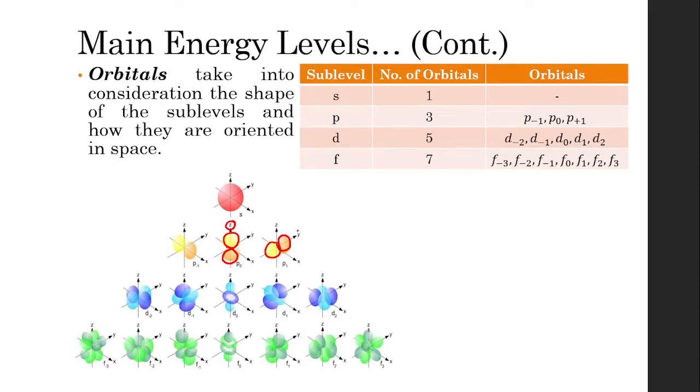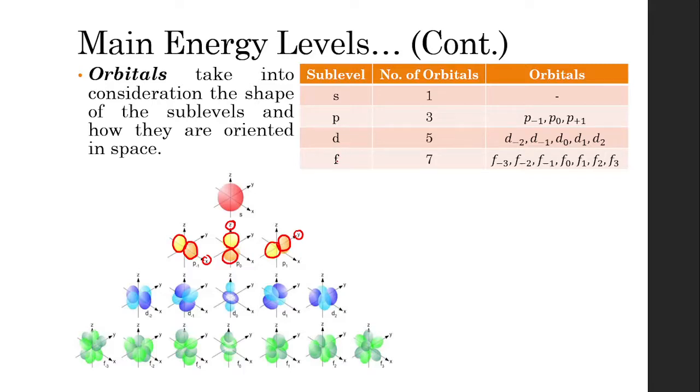As you can see now, this p sublevel is directed not at z but along y. And then I can also rotate it in such a way that it is along the x direction. So what that tells you is that for p sublevels, there are 3 orbitals, meaning there are 3 ways to orient this shape. And as you go deeper, you would notice that it gets more complex.